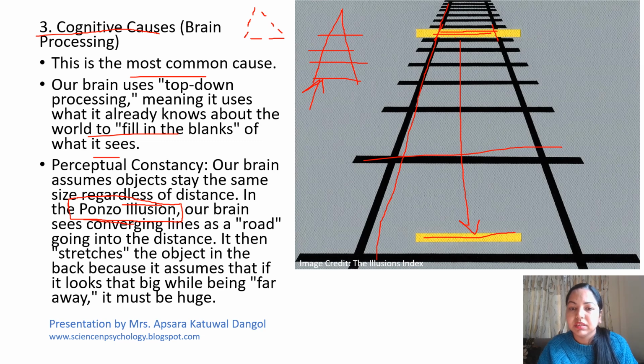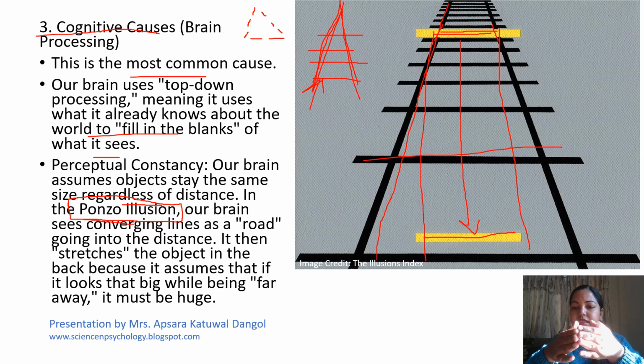Why is it happening? Because of the Ponzo illusion. Actually, both lines are equal, but because we see them in this perspective of converging, which is narrowing down, it feels like this is longer and this is shorter.